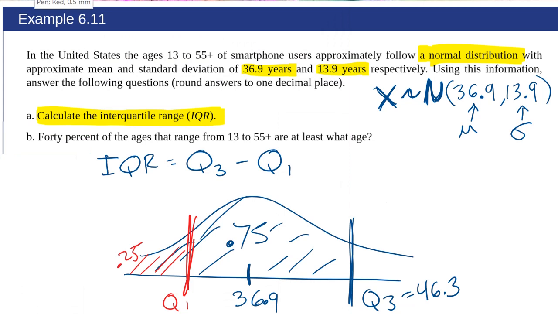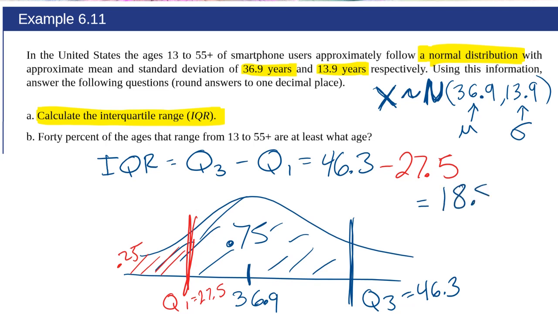Then to find the interquartile range, all I need to do is subtract these two numbers. So 46.3 minus 27.5. You can just plug that into your regular calculator, and you'll get 18.8. So the interquartile range is 18.8.